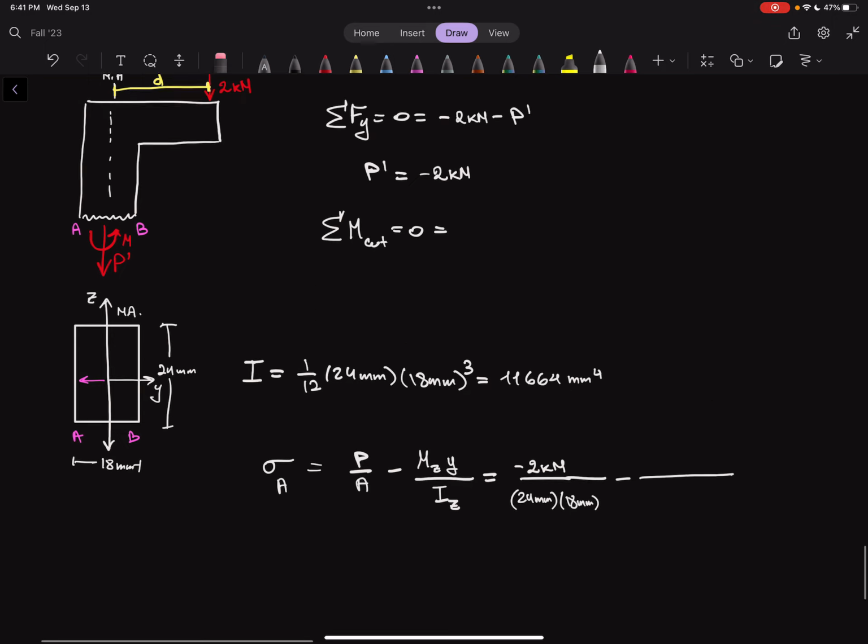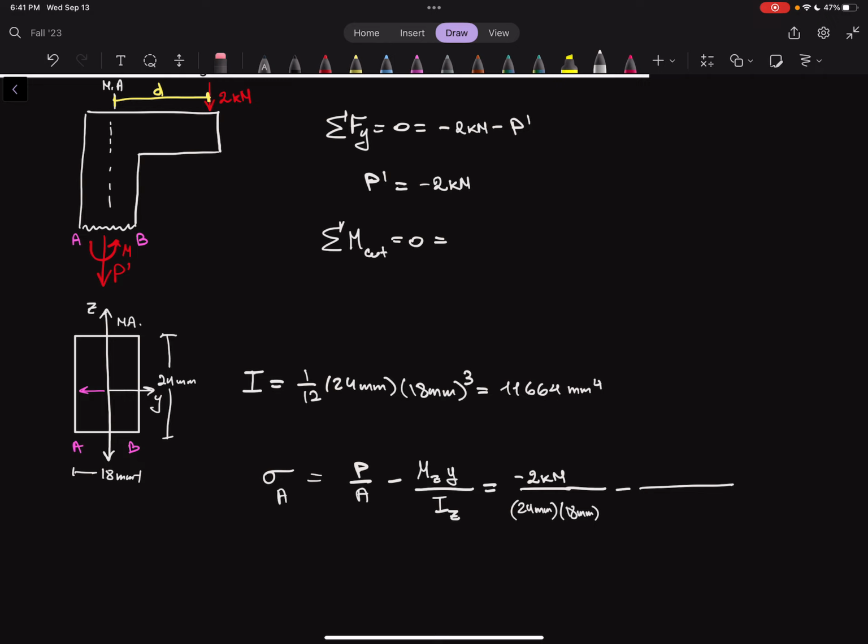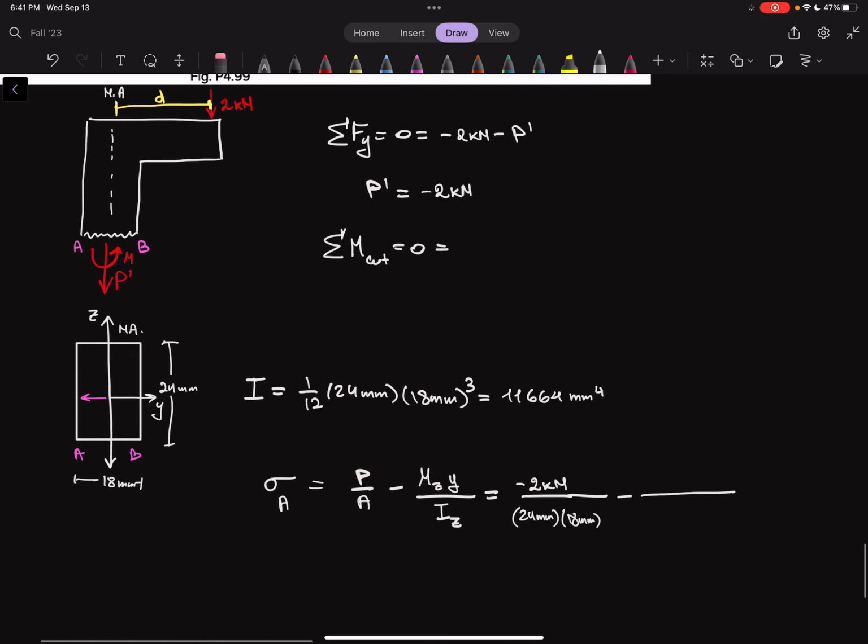So we'll put that into the sum of the cut, and it's going to be negative because it's going into the page, assuming that this is our reference system for this specific figure and for this specific view. And so we have a negative 2 kilonewtons multiplied by 49 millimeters.